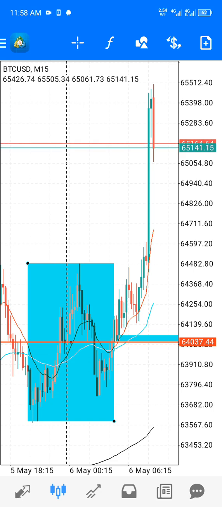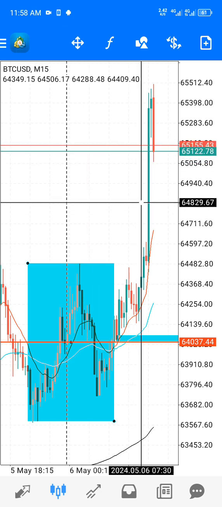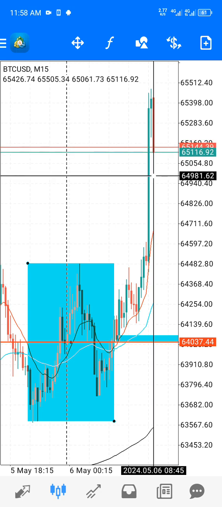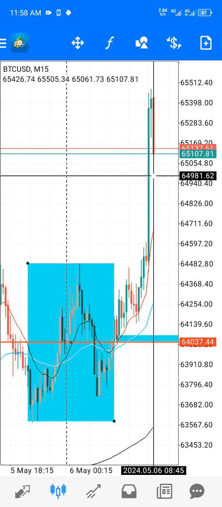That's why I mark 21, because we are supposed to mark from 00 to 8 of your country time zone. And here on Xness, you can see that we are 3 hours in front of Xness time.